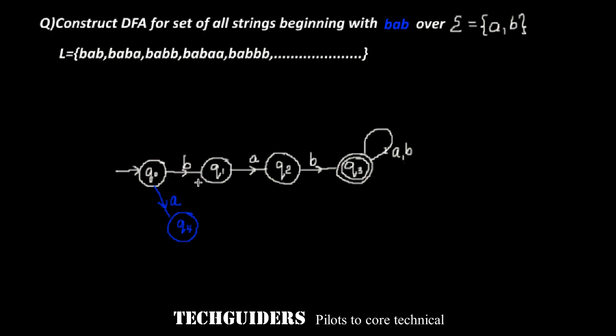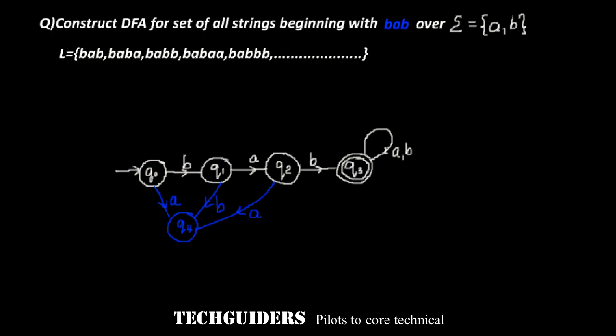Then the string started with B, but against the expectation, the next symbol was B, which means the string is beginning with BB. Such strings are also to be rejected, so move to the trap state or dead state. Now the string started with BA and the machine is in state Q2, but instead of B we found an A. Then it means the string starts with BAA.